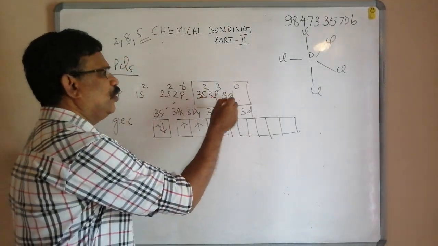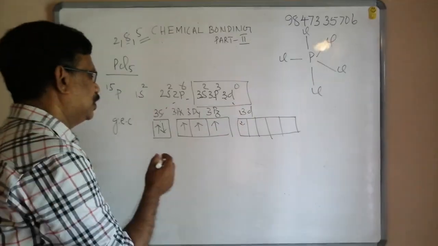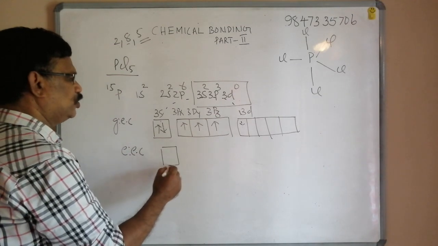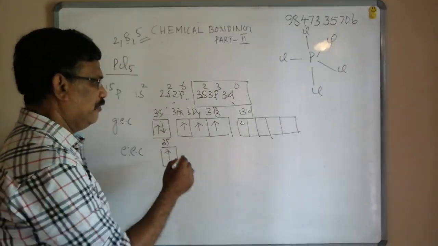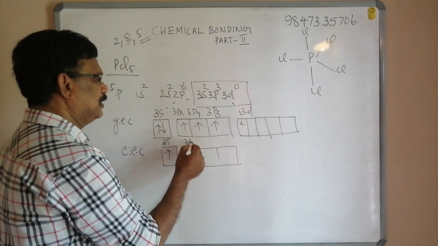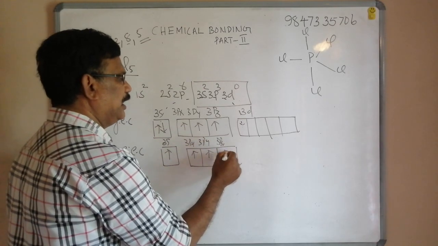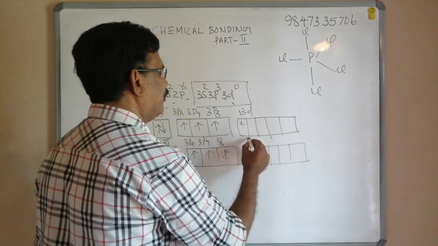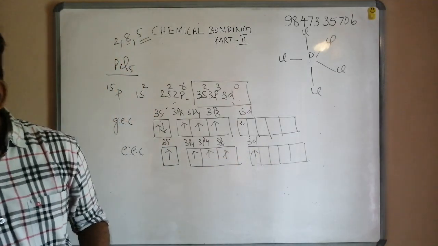The excited state electronic configuration is 3s1, 3px1, 3py1, 3pz1, and 3d1. This is the excited state electronic configuration.